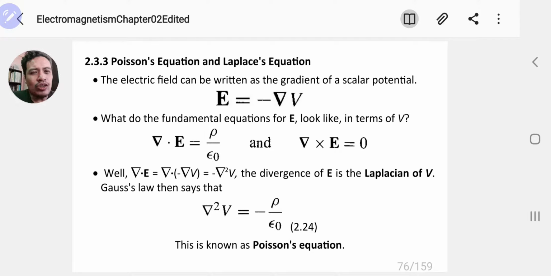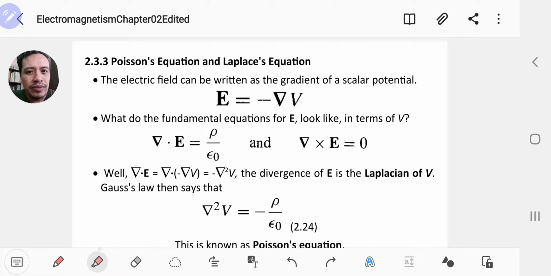The electric field, as you have known, is actually a negative gradient of a scalar potential.